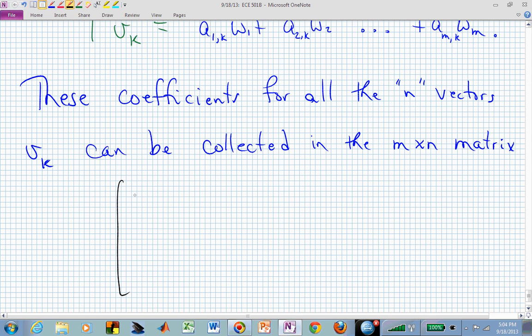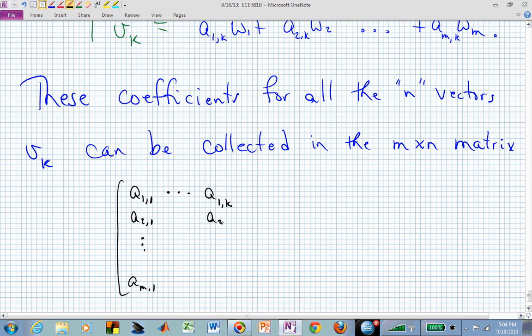Meaning now I can say here's A1,1, A2,1, all the way down to A sub M,1. And then I'm going to go over to the generic location of the K. Let's say that this is now A sub 1,K.